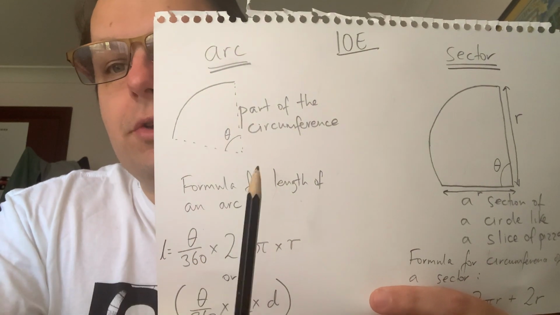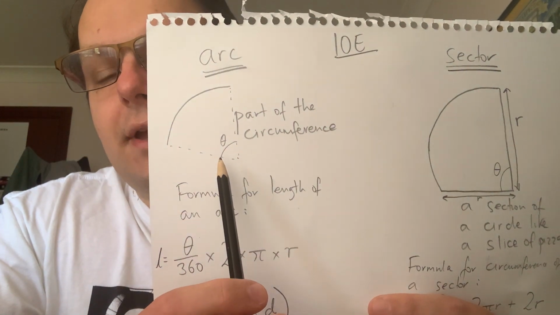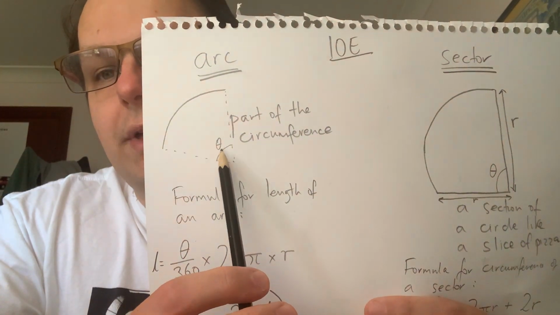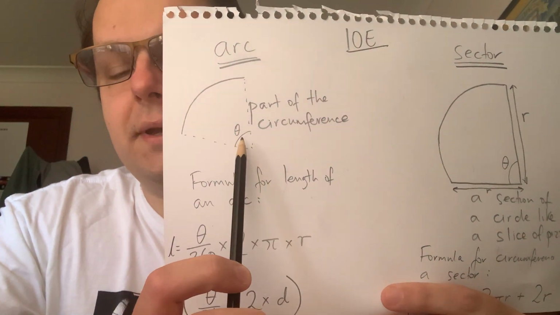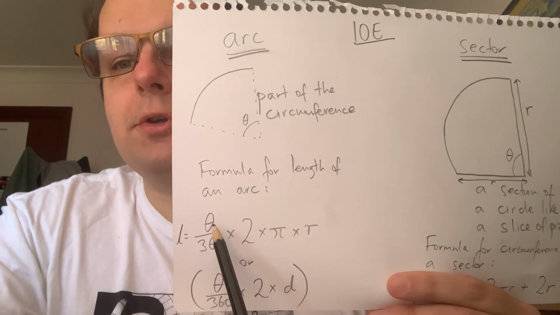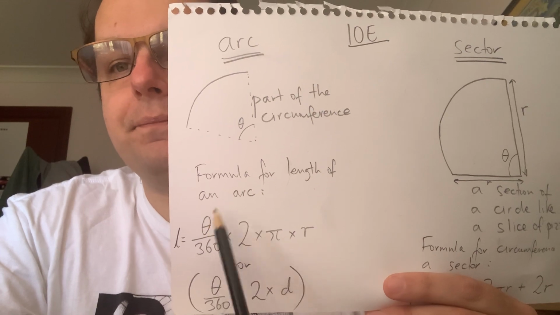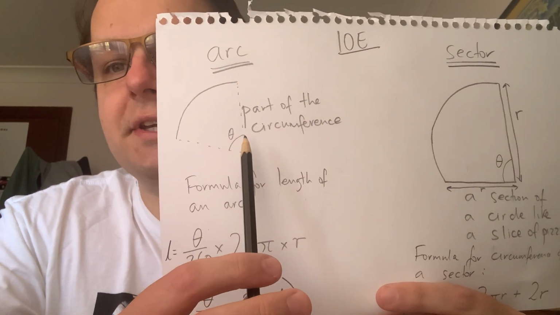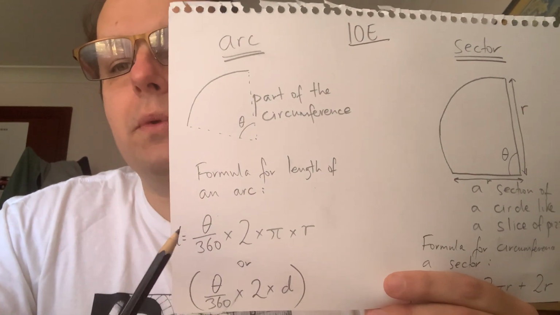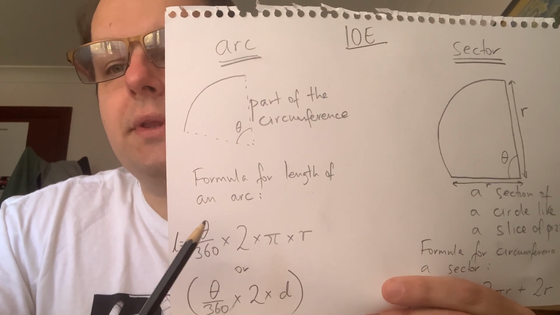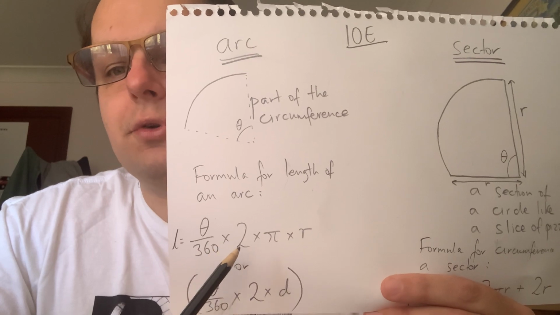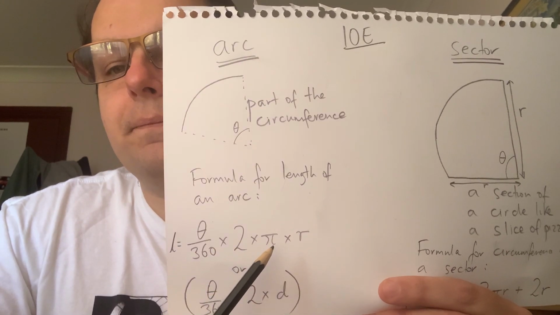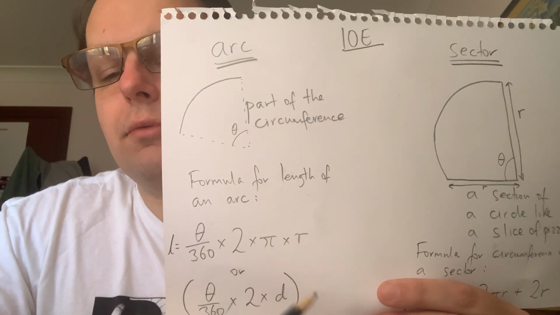The crucial thing we're trying to work out is how big is that angle there compared to a whole circle? And if we know how big that angle is, we're going to put the number in up here. So if this one here was 60 degrees, what we would do is it would now be 60 over 360 times 2 times pi times radius.